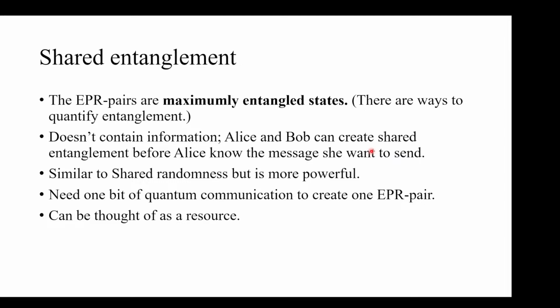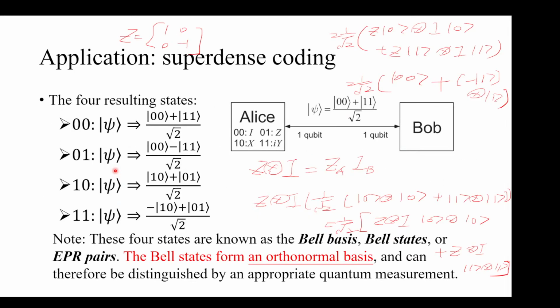Then we go to something a little tricky. You can have shared entanglement, and you actually have a similar idea classically, which is shared randomness. Alice and Bob can throw some random coins beforehand and share the result with each other.